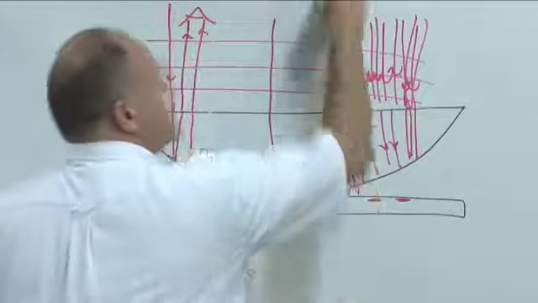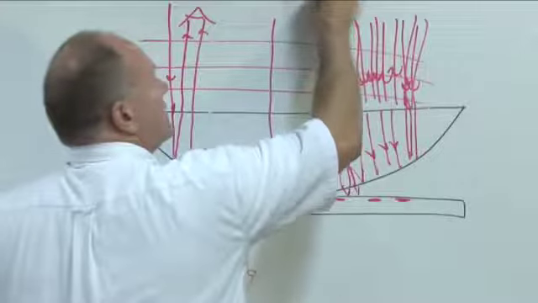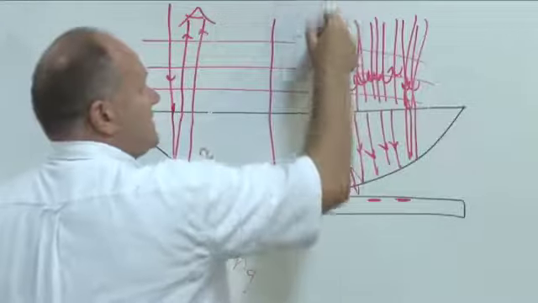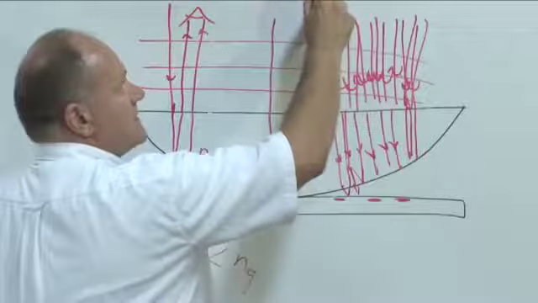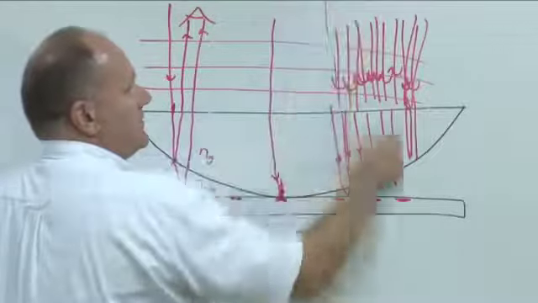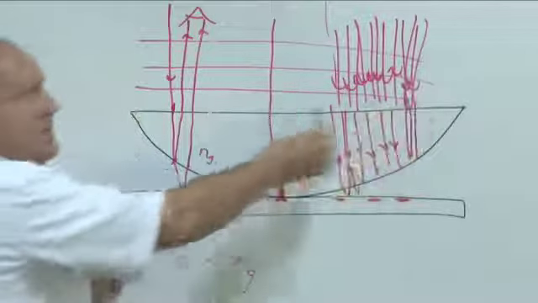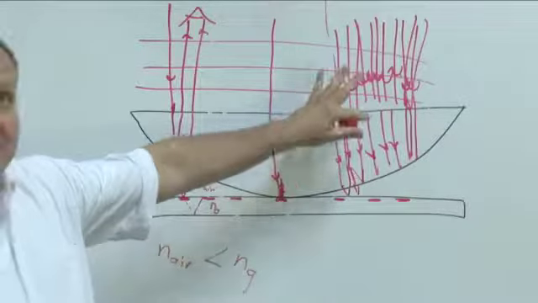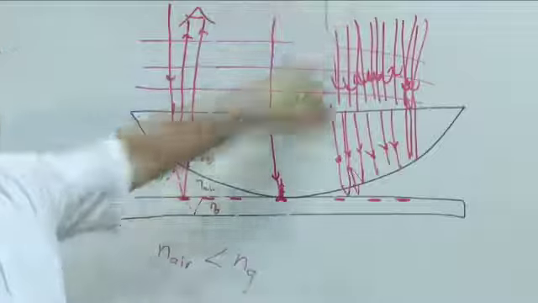So if you have your eye here, actually what you're seeing is the sum of all the reflections from all these rays that are coming into your eye. This is a very advanced way of looking at it. But you might be keen to have a look to see if you can make sense of it.